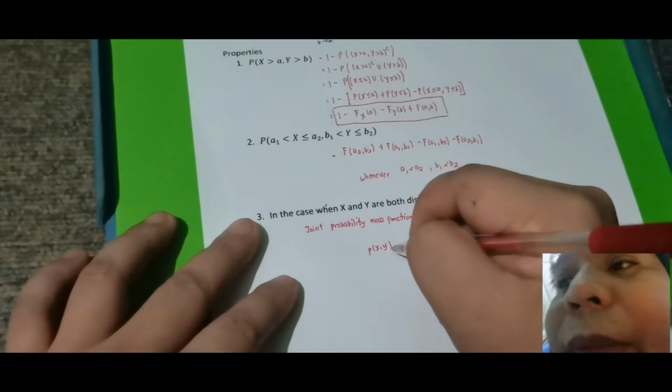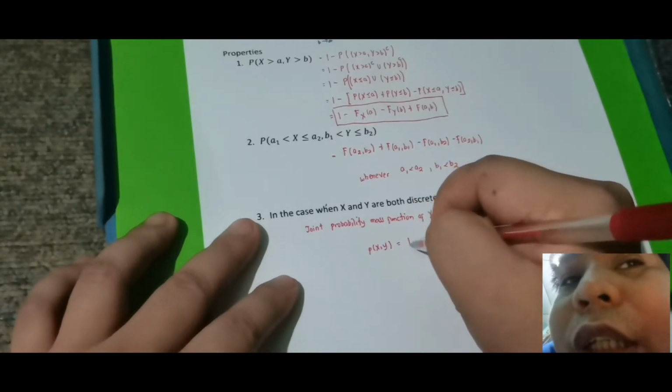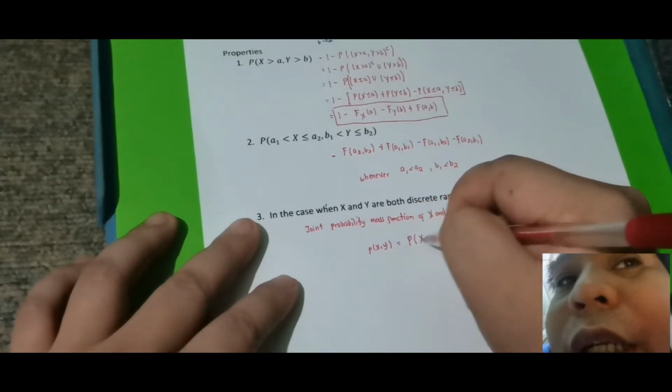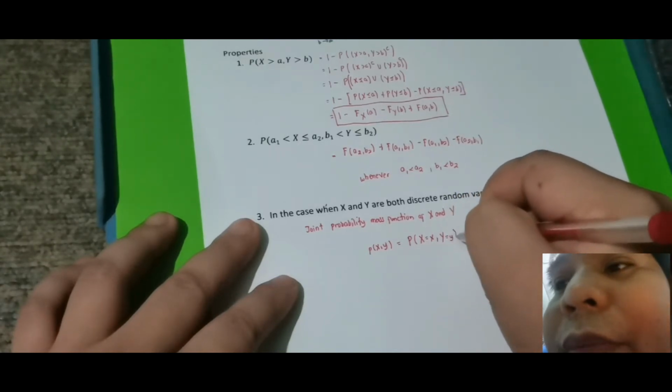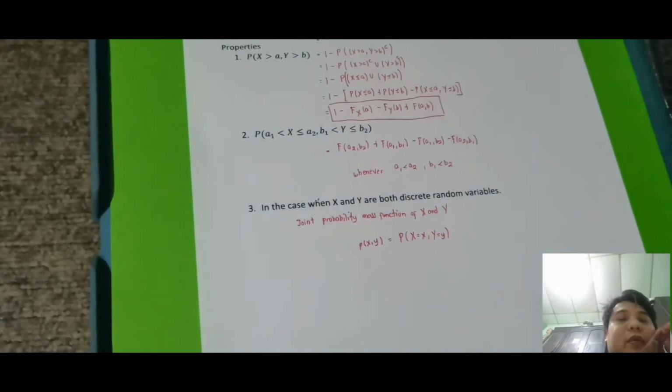So, aware naman tayo, yung ginagamit natin is just equal sa probability ng X is equal to small x and Y is equal to small y. Okay, so ganyan natin isa-solve ang isang joint probability mass function whenever tayo ay naka-discrete case.